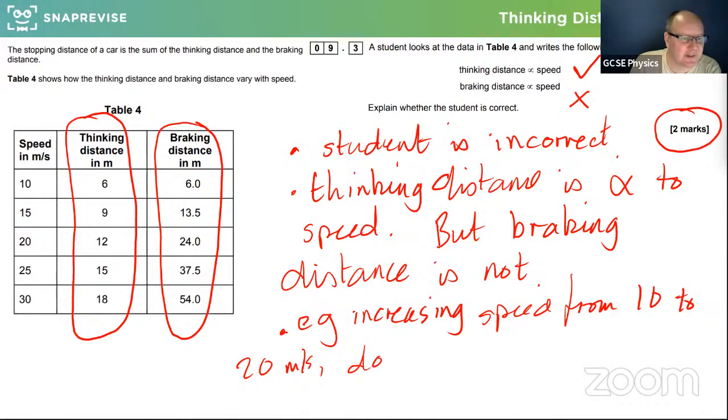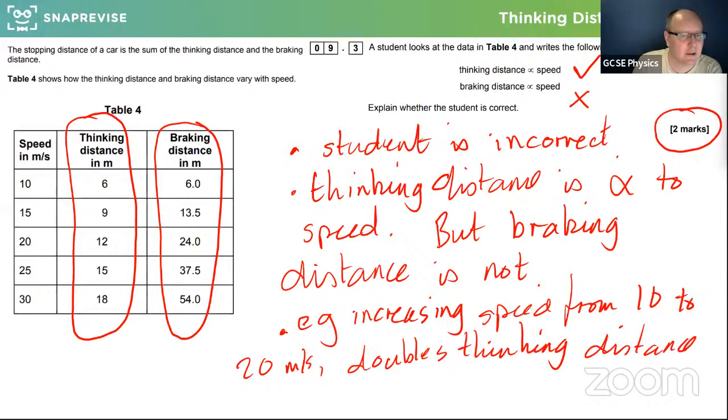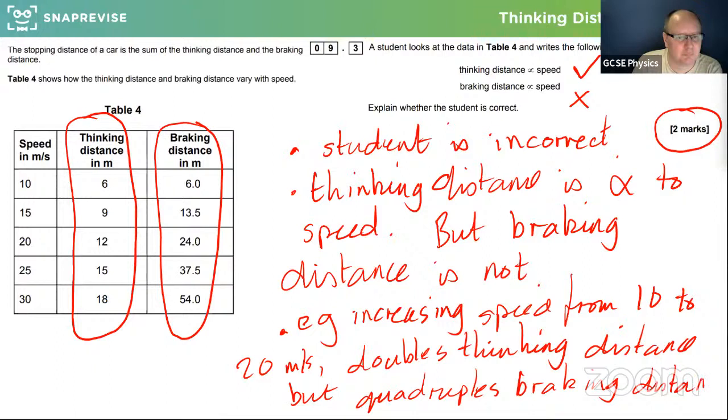That doubles the thinking distance, but it quadruples the braking distance. And that just demonstrates that we've looked at the numbers in the table, we've looked at the 10 and the 20 speeds, and we've drawn some conclusions from that.